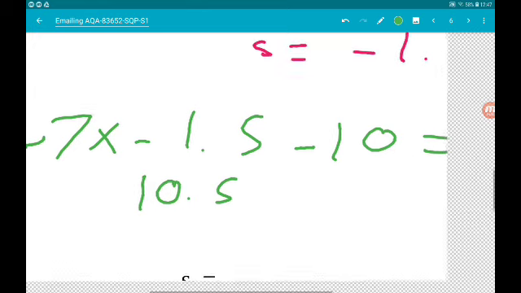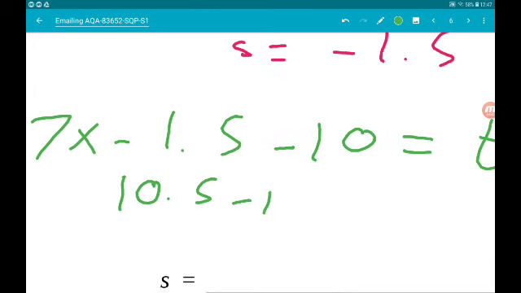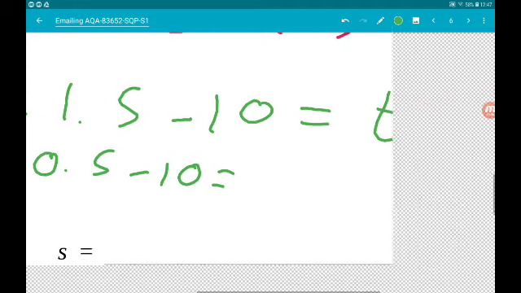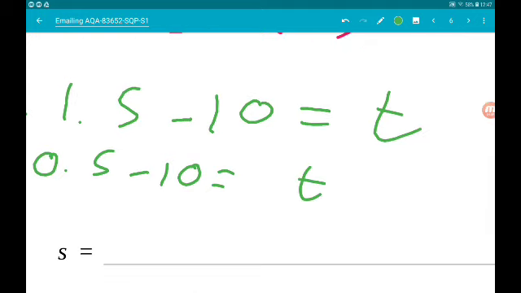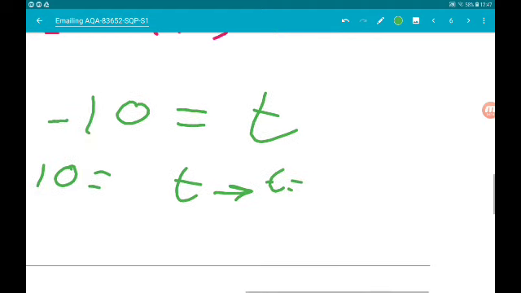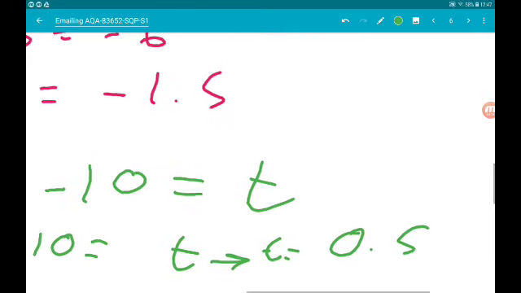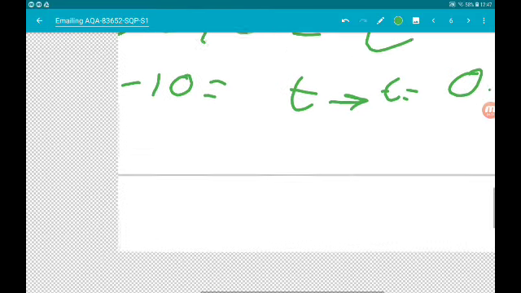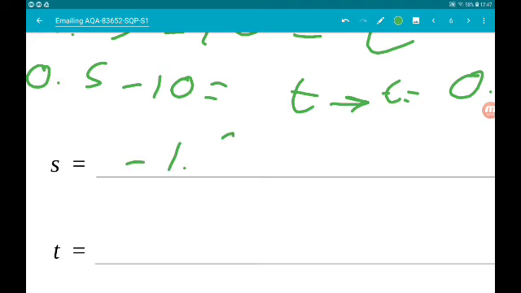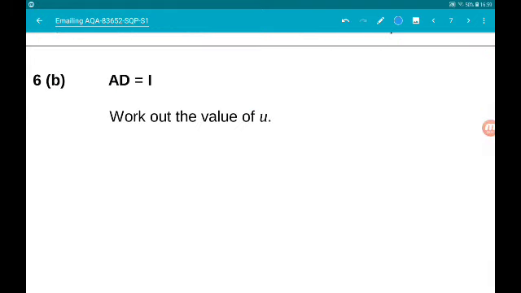So 10.5 minus 10 is equal to t. Therefore, t is equal to 0.5. So s was minus 1.5, t is 0.5. Cool.